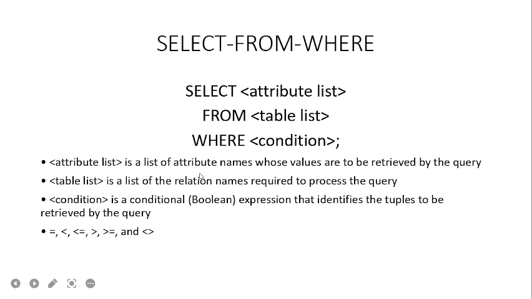Different conditional operations are like this: equal to, less than or equal to, greater than or equal to, and not equal to. This symbol is used as not equal to. These are the different operations that appear in this conditional Boolean expression.